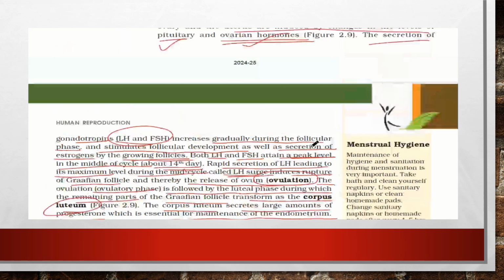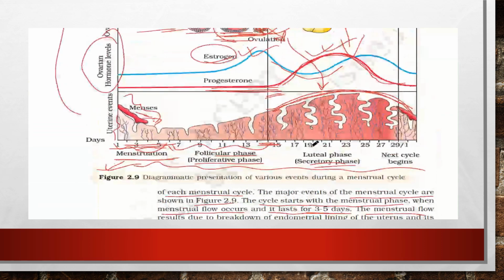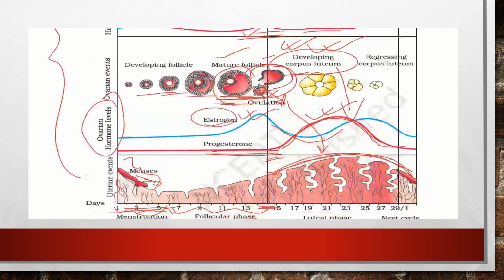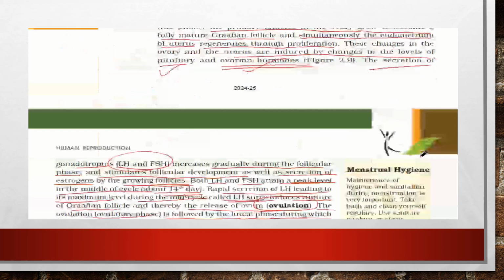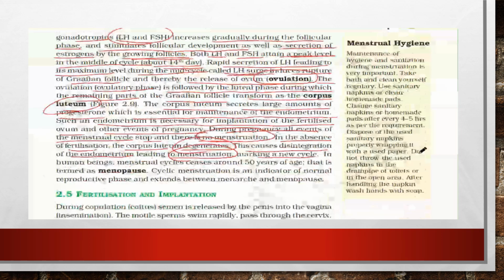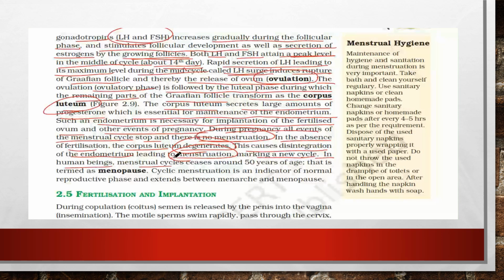Okay, now if no sperm is coming and getting implanted, then again the regressing of the corpus luteum will happen, which in turn will help in the release of estrogen, again which will cause the endometrial lining to degenerate, and thus again at the 28th or 29th day of the cycle, menstruation will start happening, right?